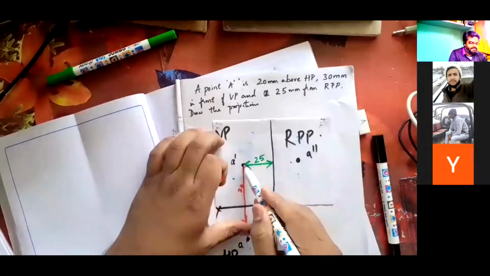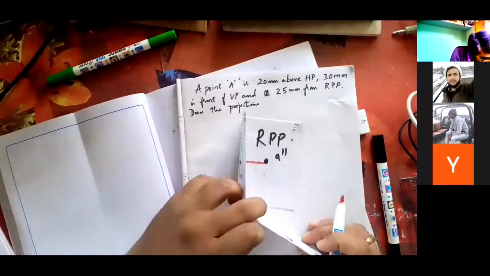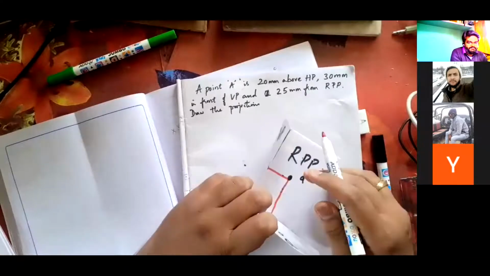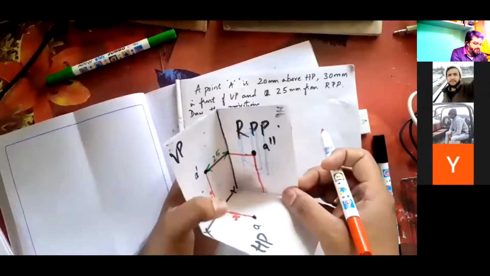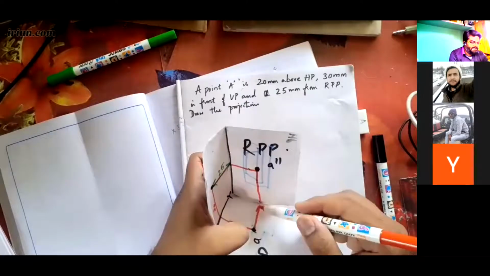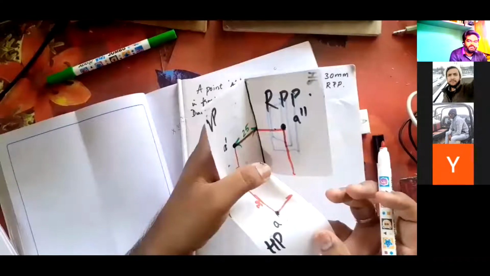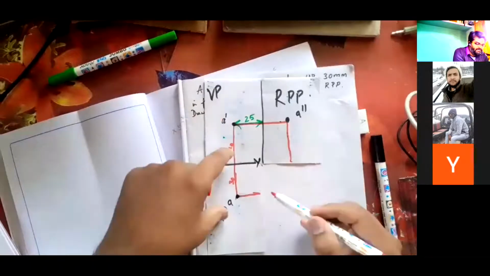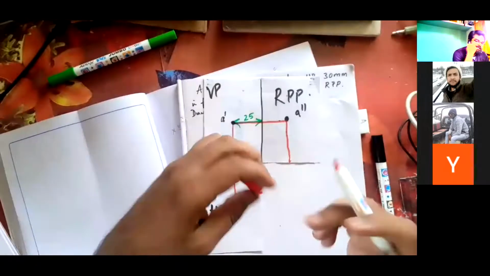If it were a three-dimensional figure like this, I would have joined this line till here and this line from here to this position, right? So if I open these planes, the horizontal plane and the right profile plane, there is a small gap. I have to join this point to this point, which will be equal from X1 Y1. This distance and this distance will be equal. Then only I can find A double dash.